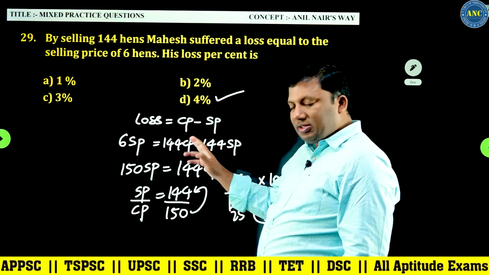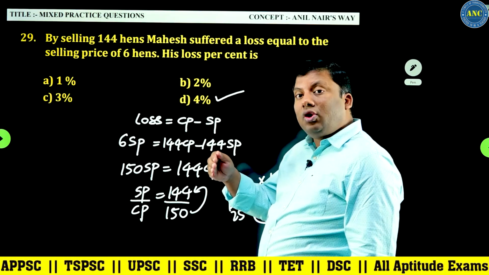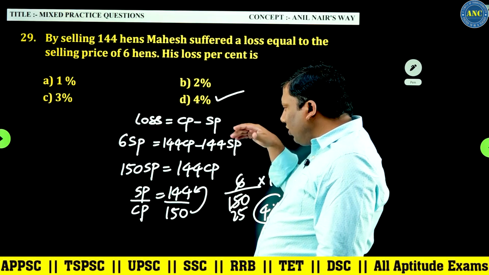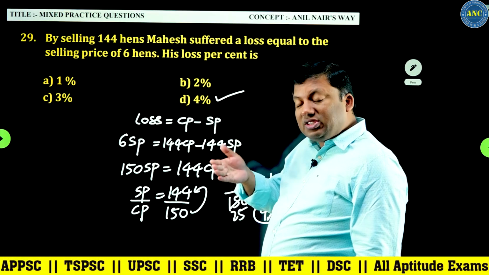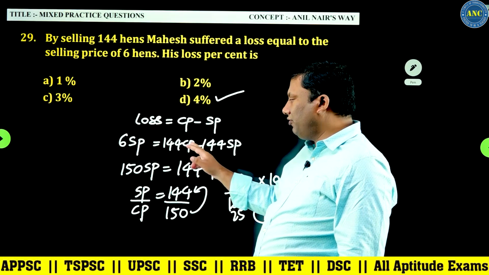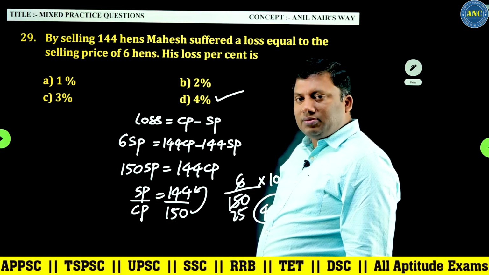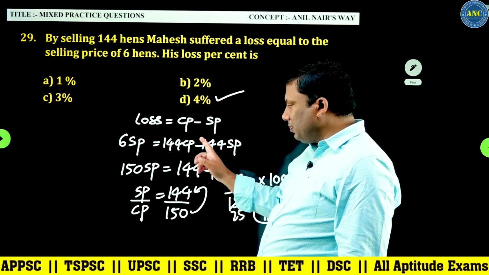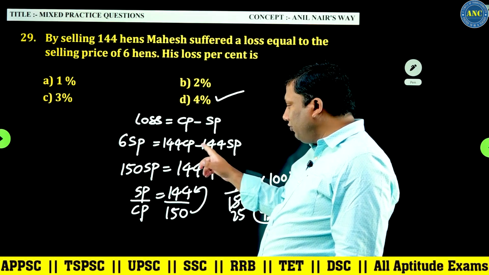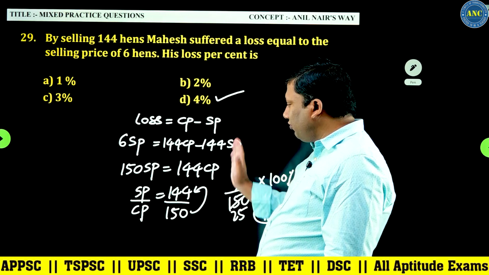Cost price is, he has sold 144 hens, 144 SP, for which he invested for 144 hens, 144 CP. Loss is 6 times the selling price. 6 SP is equivalent to 144 CP minus 144 SP.